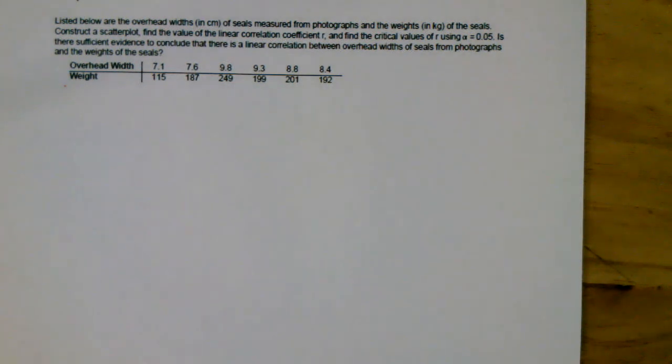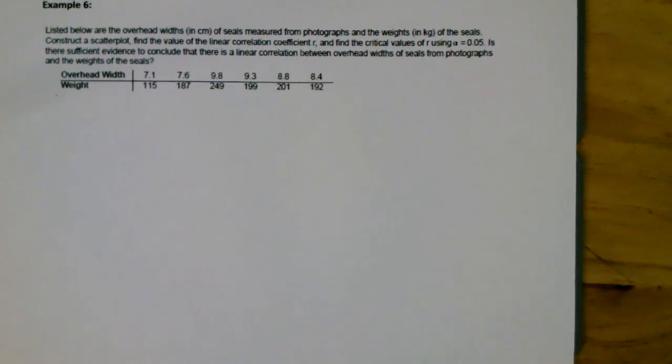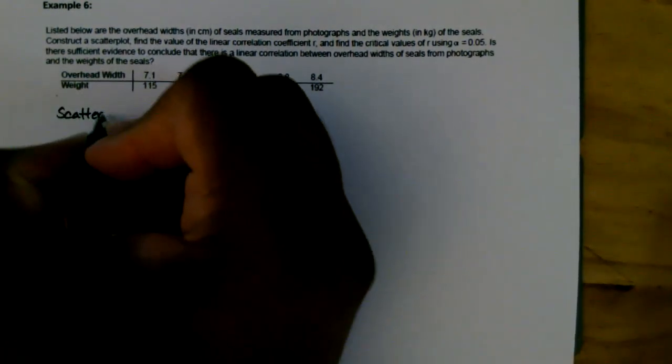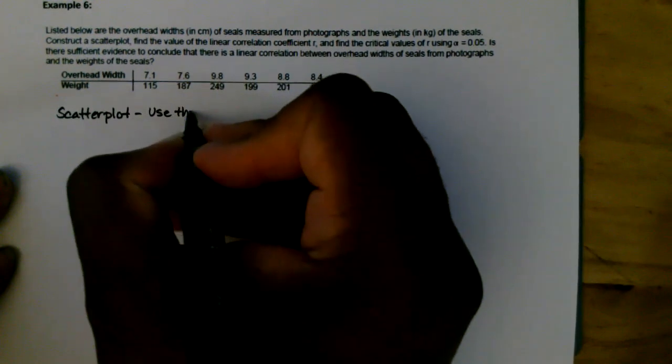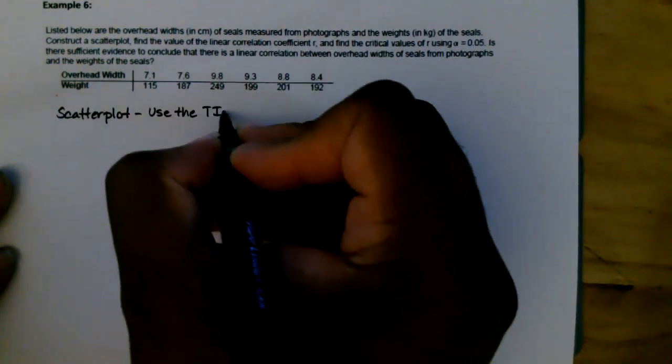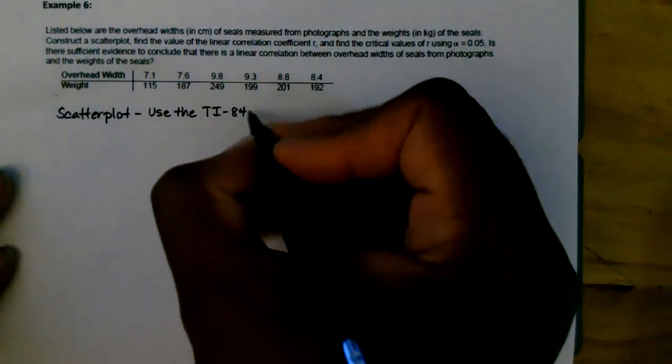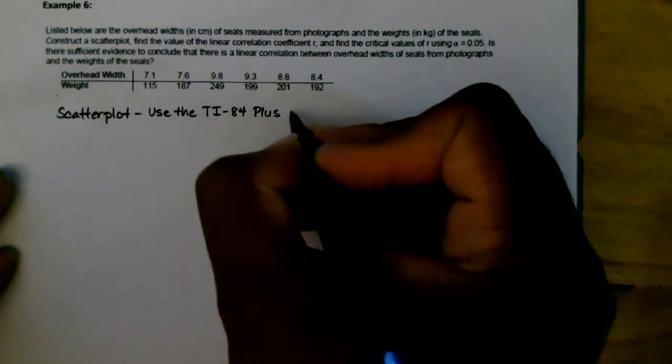Okay. So in the past two examples, we were using the p-value, finding the p-value. Now they want the critical value. So we have to use table A-6. But first we need to do the scatter plot, by using the TI-84 Plus calculator.